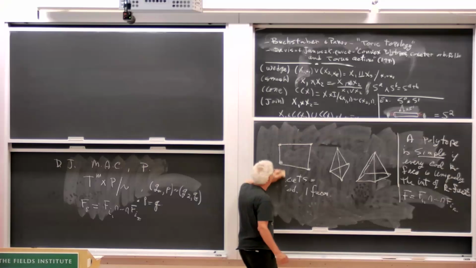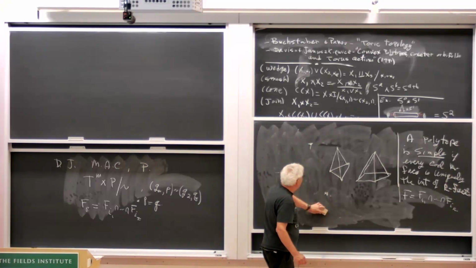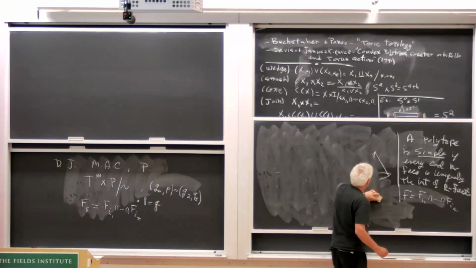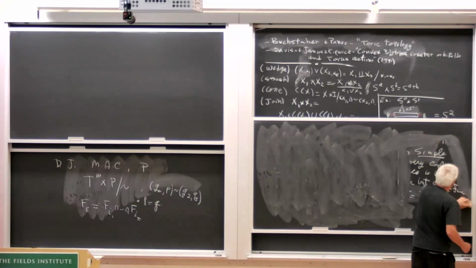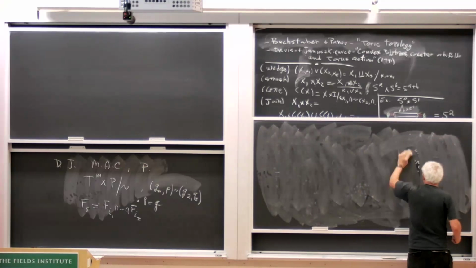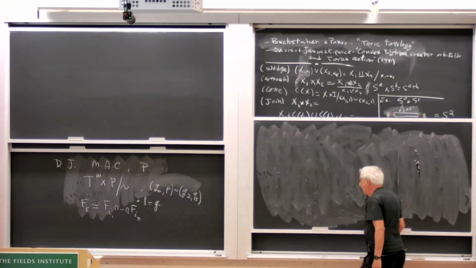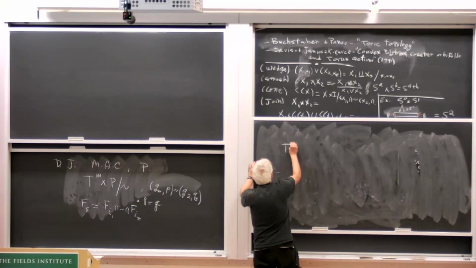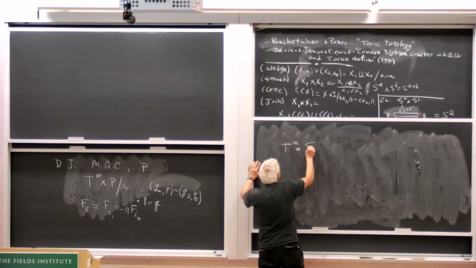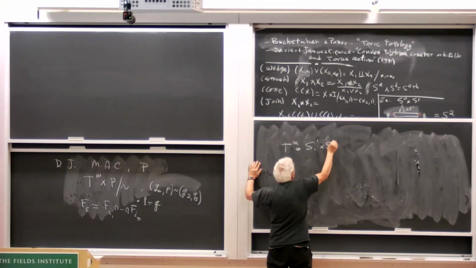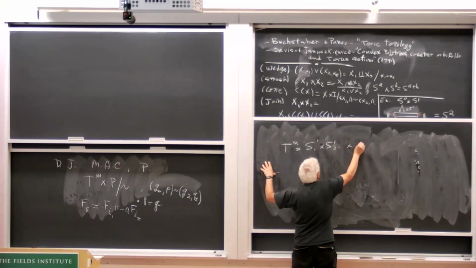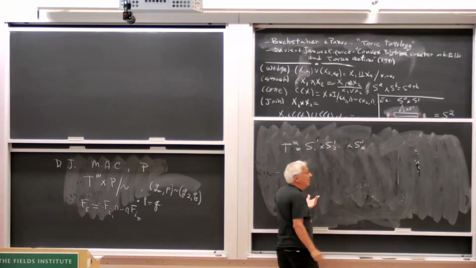Well, let's look at this torus. I'm going to write the torus. Now these are circles.